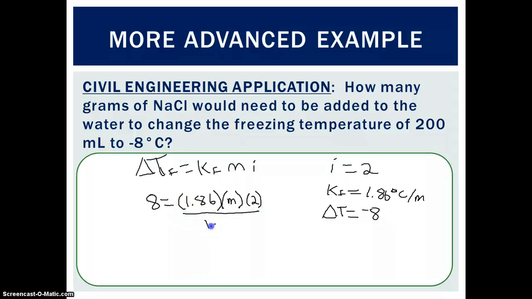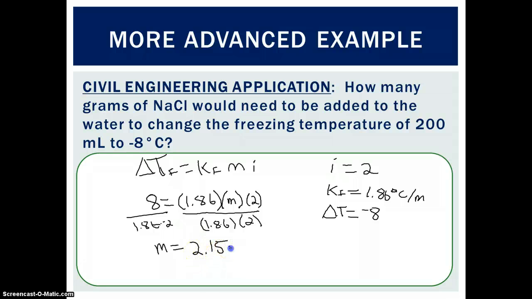Divide by 1.86 times 2 on both sides. So molality equals 8 divided by 1.86 times 2, 2.15.